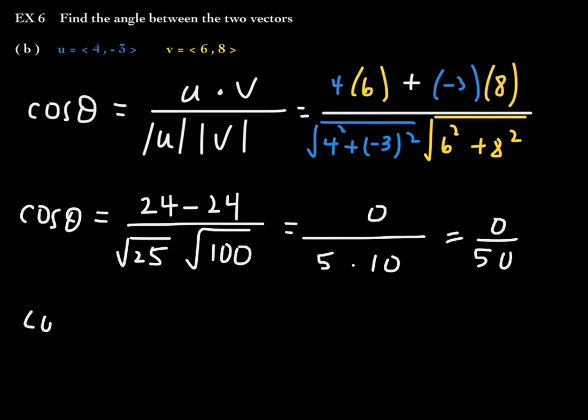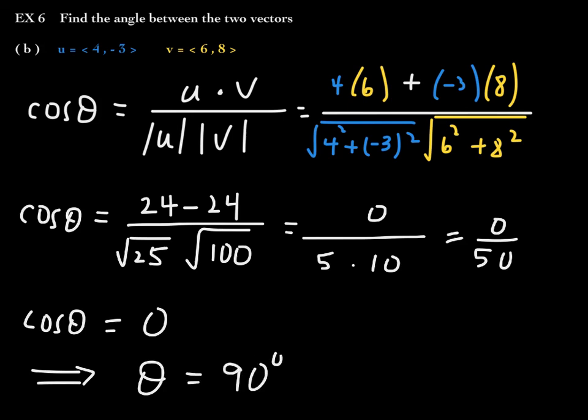That is to say cosine of theta is equal to 0, and that only happens if theta is 90 degrees. Okay? I don't even need my calculator for this problem here.